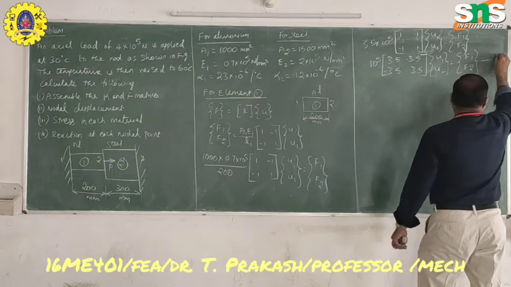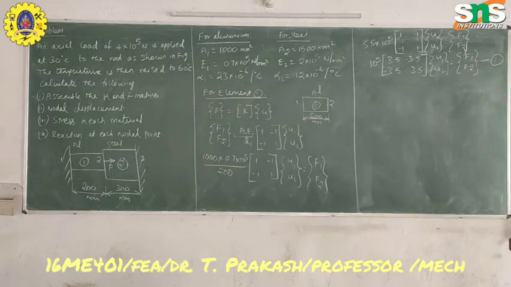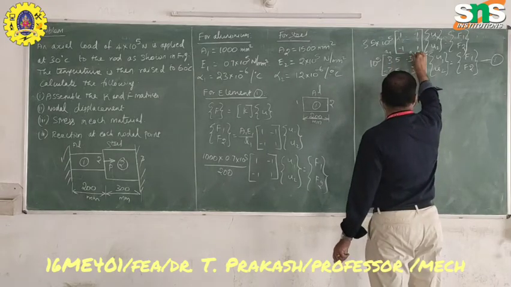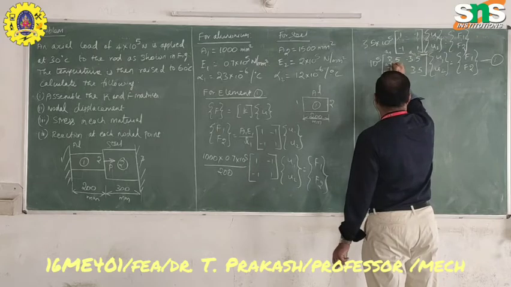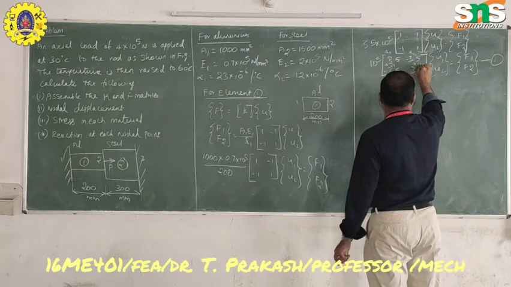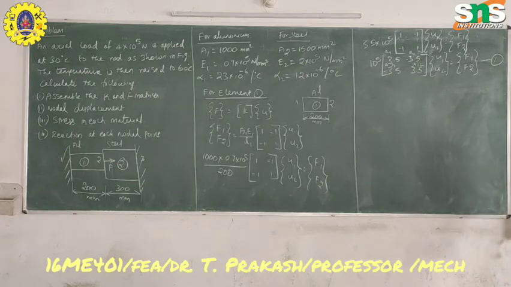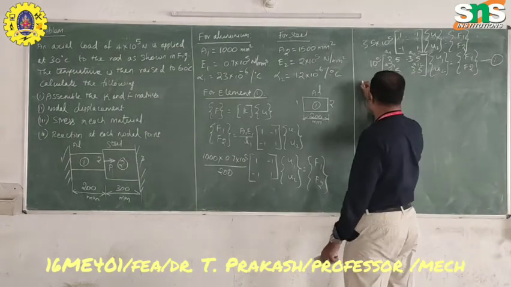It is the force vector for the first element. We also mark here A11, A12, A21, A22. These form the matrix, the stiffness matrix for the first element.